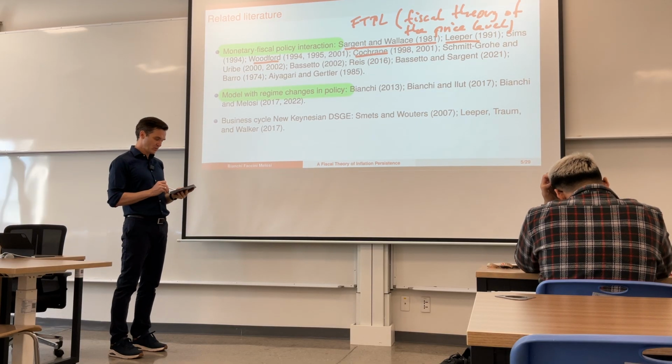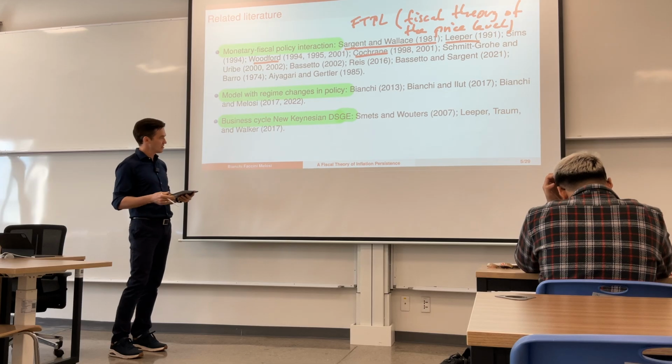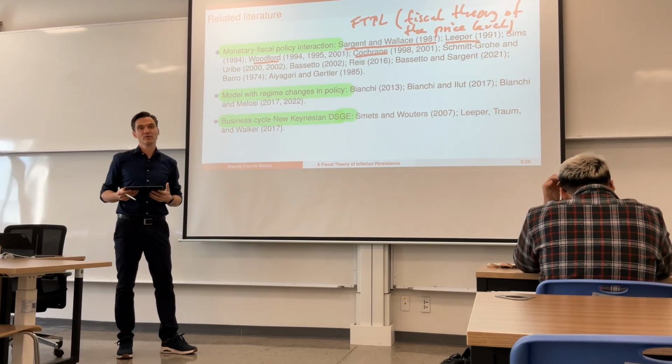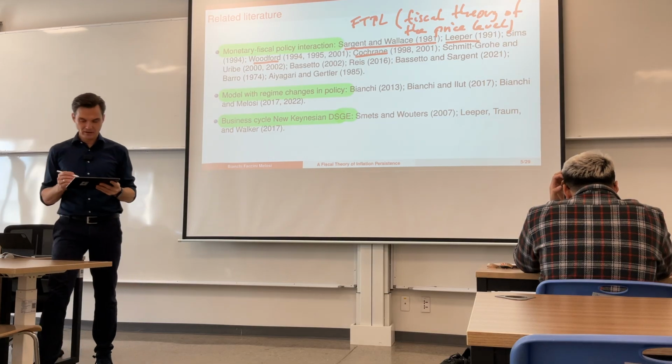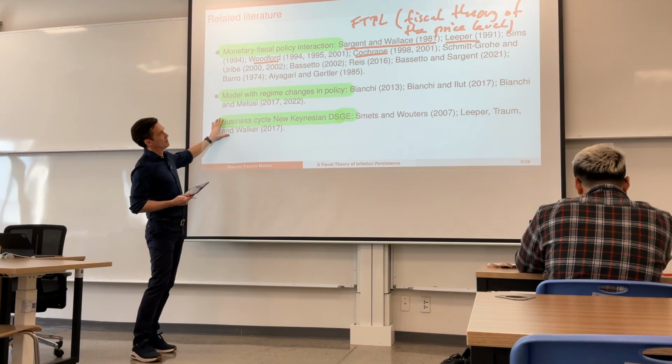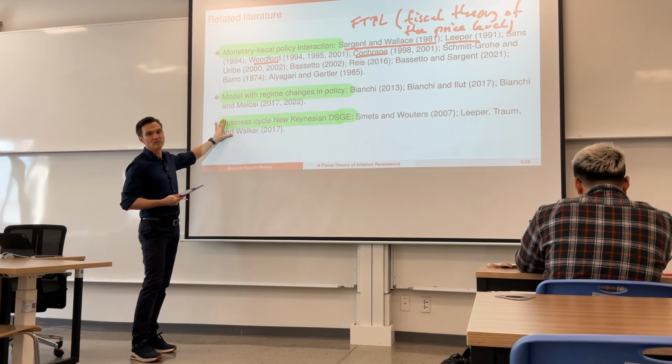And then we have the models that we have been studying so far. These are the business cycle theory models in Smets and Wouters and so forth. Okay. And you can think about these as the more traditional models of inflation determination, if you like.